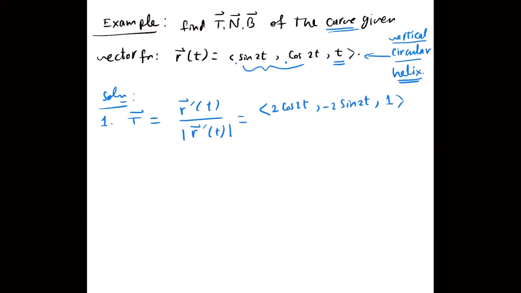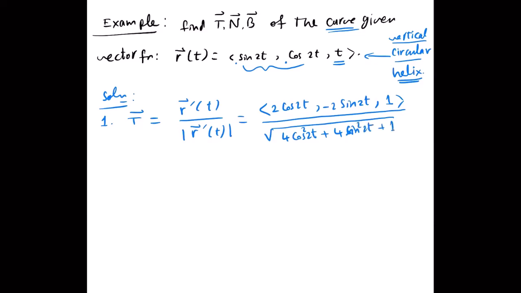This is the derivative, a tangent vector at any time, but not necessarily a unit vector. We have to divide by its magnitude. The denominator here is the magnitude of the numerator. How to find the magnitude? We revised this many times now. It's the Pythagorean magnitude: the square of the components added together, 4 cosine square 2t plus 4 sine square 2t plus 1.